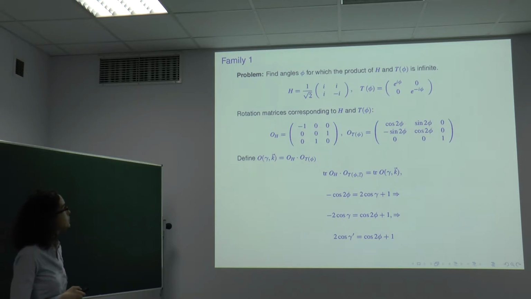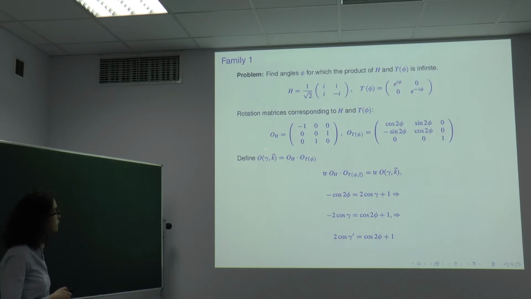In order to answer this question and simplify the calculations, let us write the rotation matrices corresponding to the Hadamard gate and the T gate, and define the rotation which is a product of these gates. The trace of this product is equal to minus cosine 2 phi.